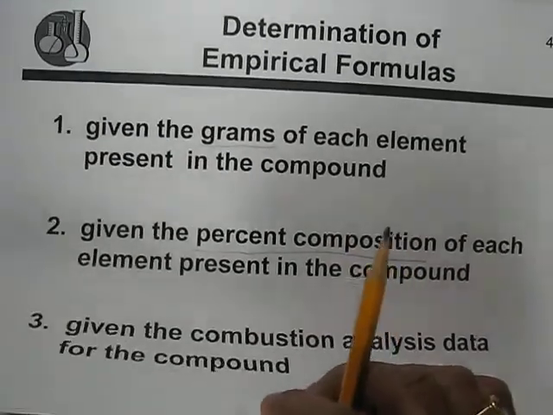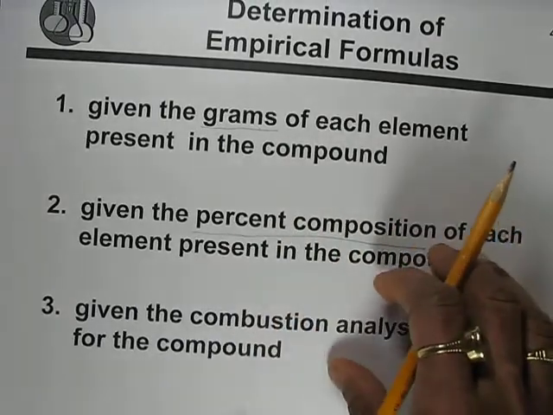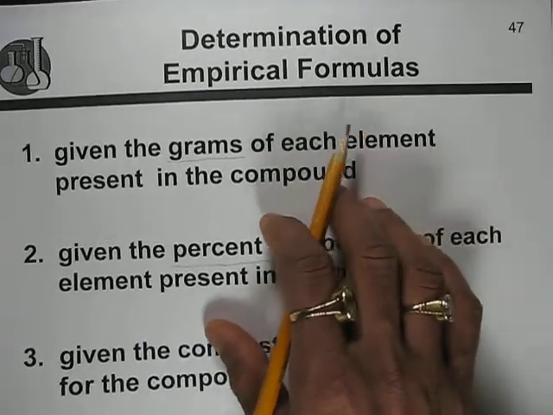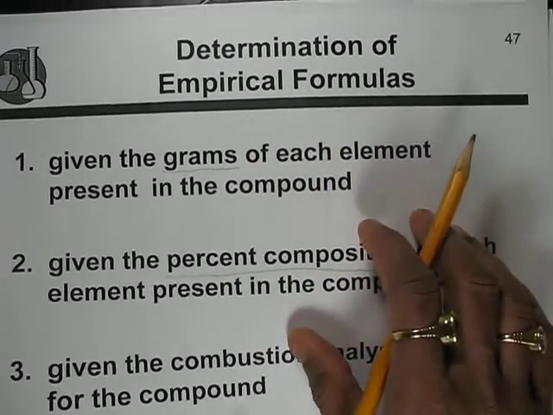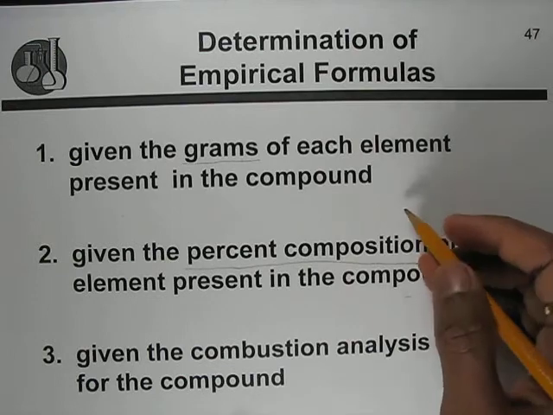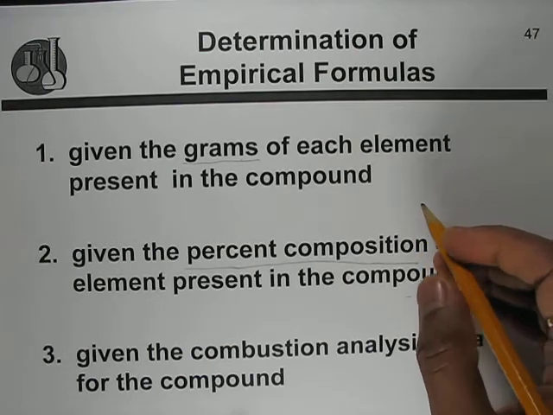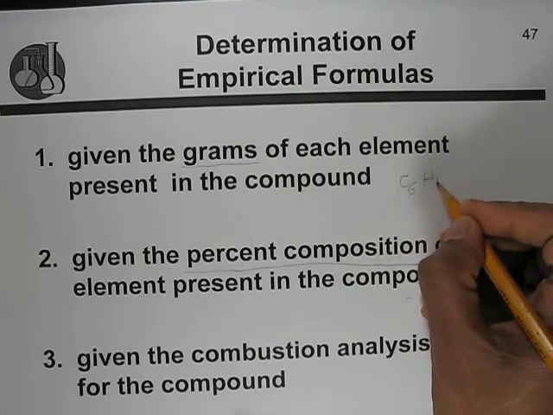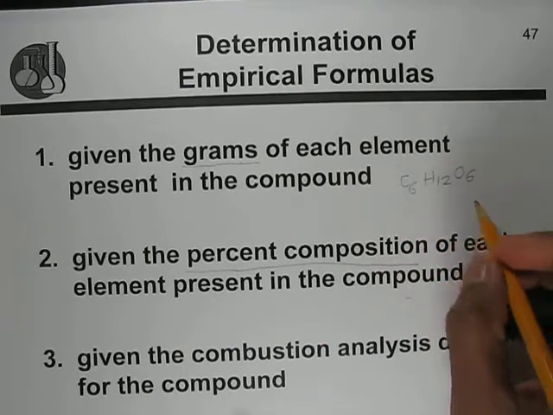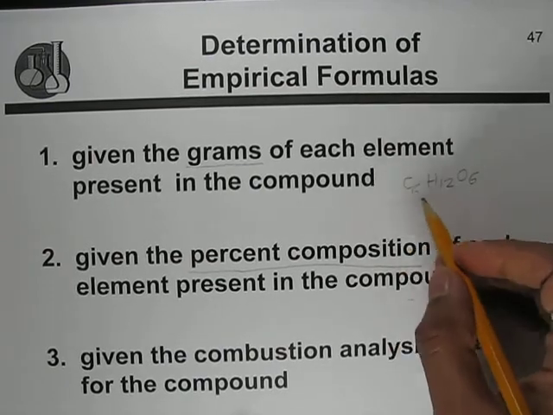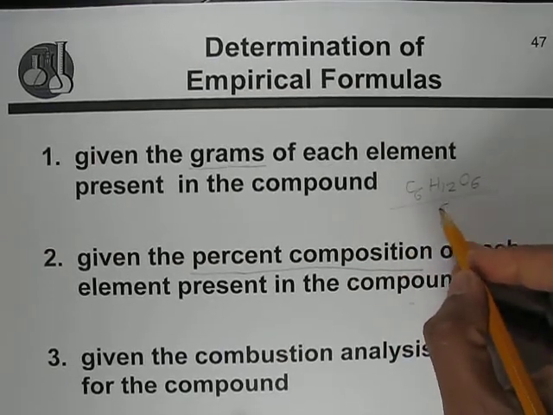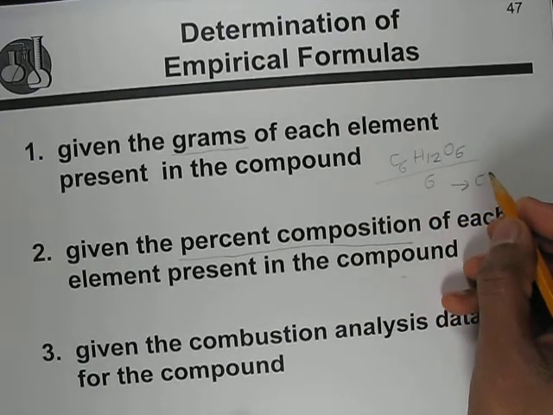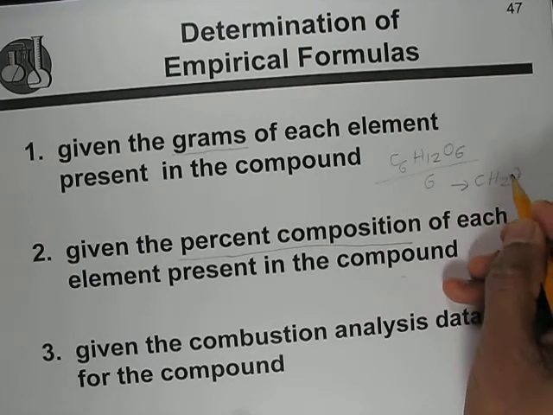However, in earlier slides or videos we have seen the empirical formula is the simplest whole-number formula of a molecule. For example, C6H12O6 is the molecular formula of glucose, and if I divide it by 6, then we will get its empirical formula, CH2O.